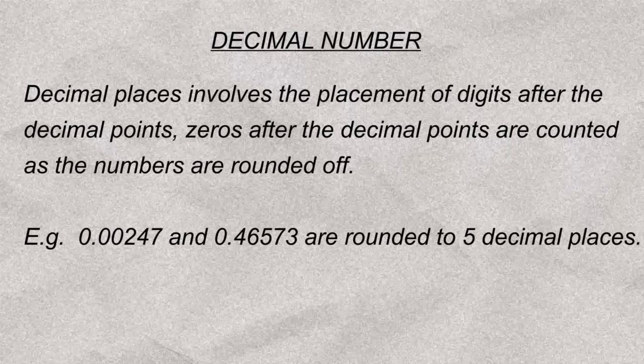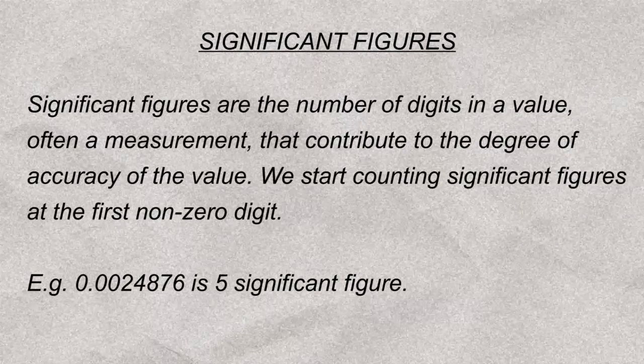Now let's consider the significant figures. The significant figures are the number of digits in a value, often a measurement, that contribute to the degree of accuracy of the value. We start counting significant figures at the very first non-zero digit. Take note. For example, we have a number 0.0024876.